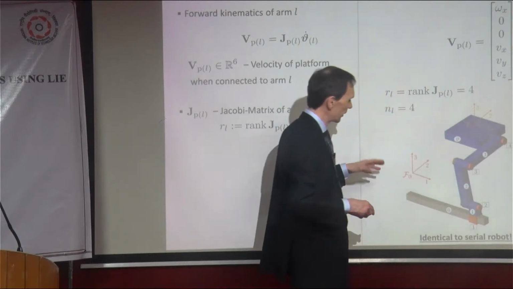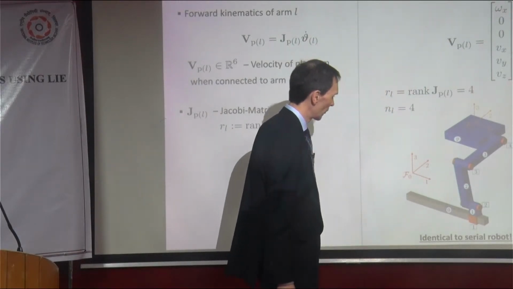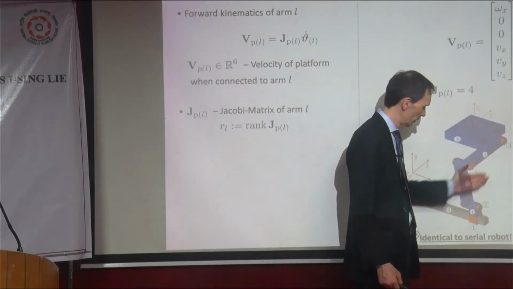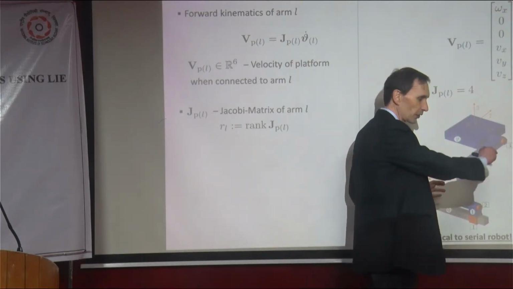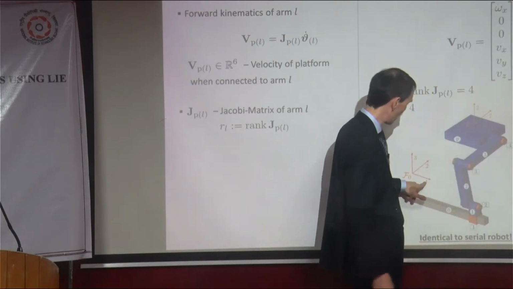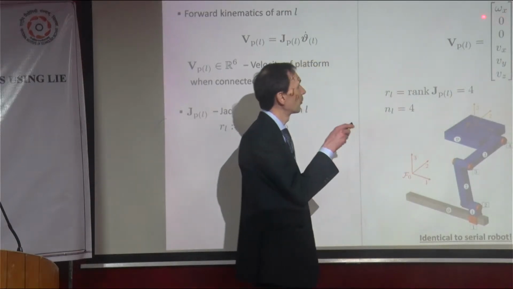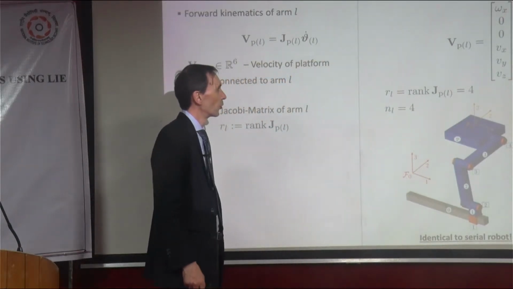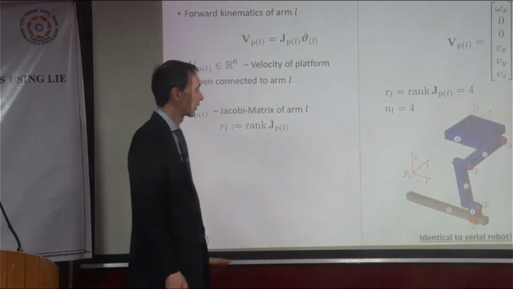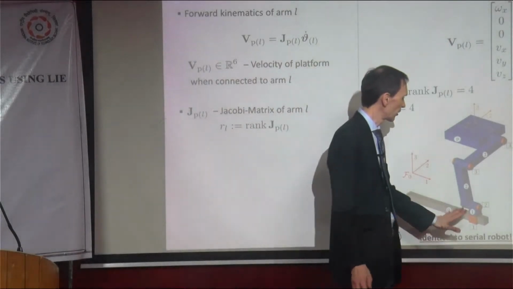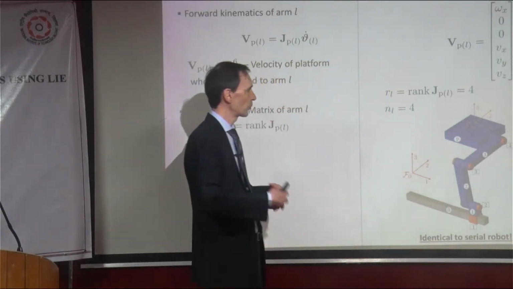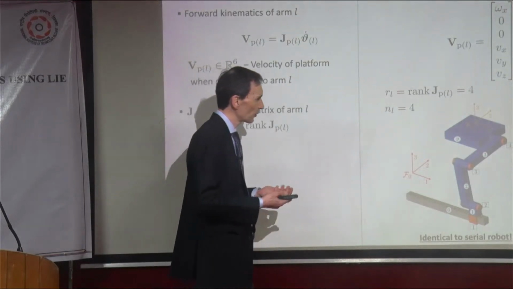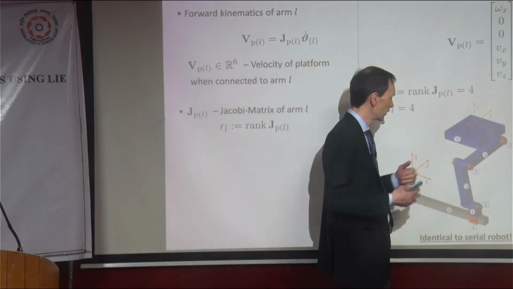Okay, and then it should be obvious that due to the revolute joints, you get this planar motion, which also includes rotation about the one axis, and that's why we get this omega x. Okay, so now we have apparently again a forward kinematics of an open kinematic chain, but this open kinematic chain in this case represents the limb, including the platform.